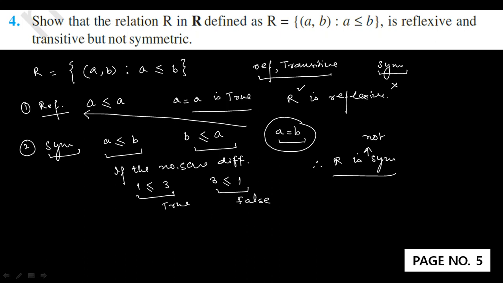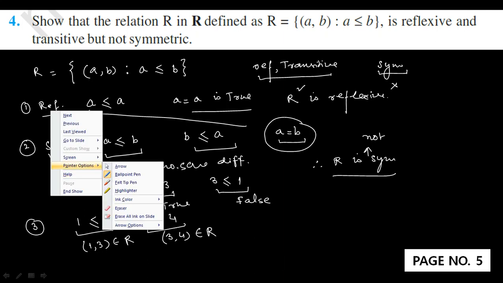Okay. What about the third condition? Suppose I am writing 1 less than equal to 3 and 3 less than equal to 4. Now, 1 3, this one is true. 1 3 belongs to R. And second is 3 4, it also belongs to R because this one is true. What about the next condition?